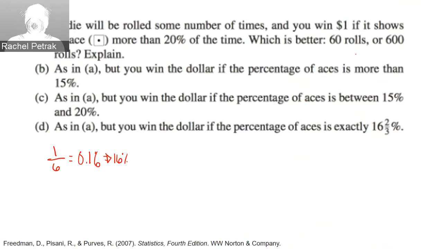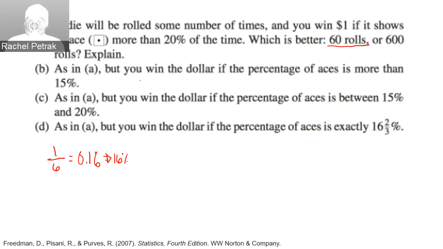So 60 rolls is a key idea here, because remember, as we increase our number of trials, we get closer and closer to a distribution that represents the expected probabilities.